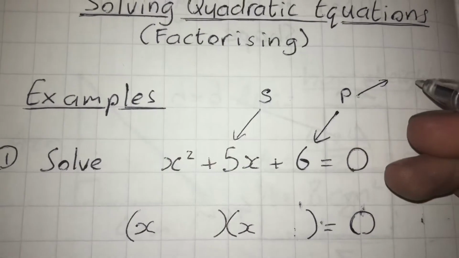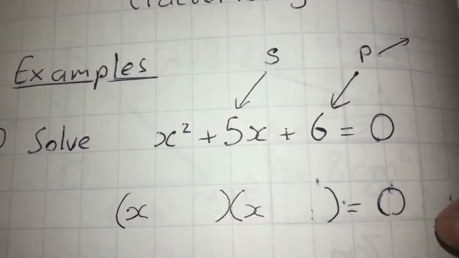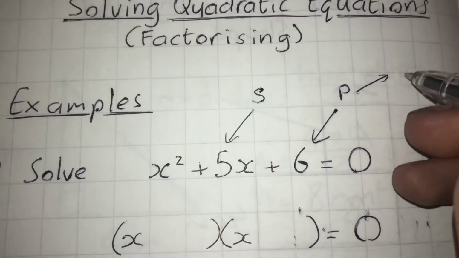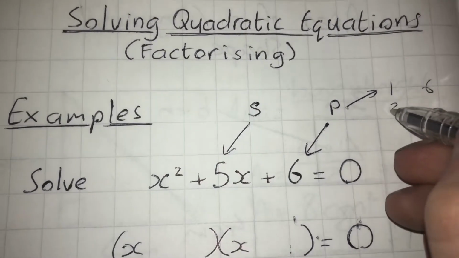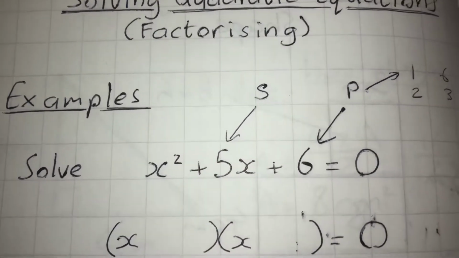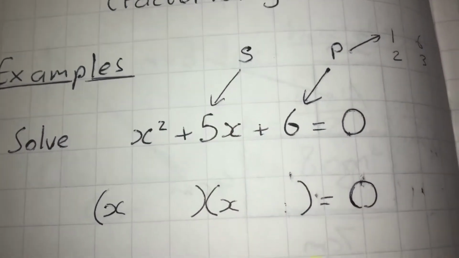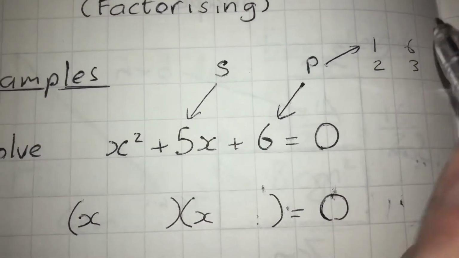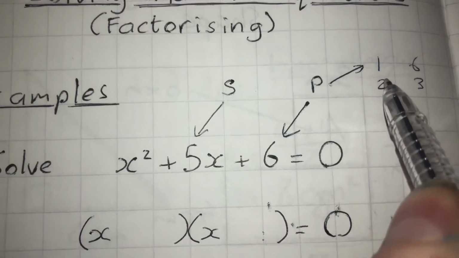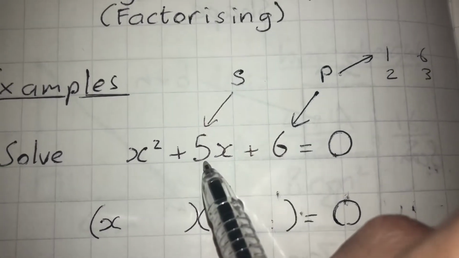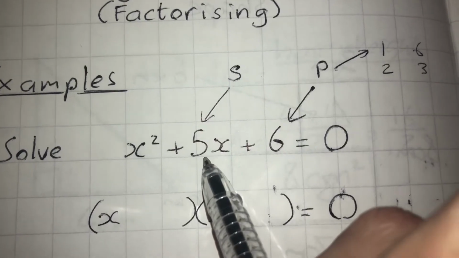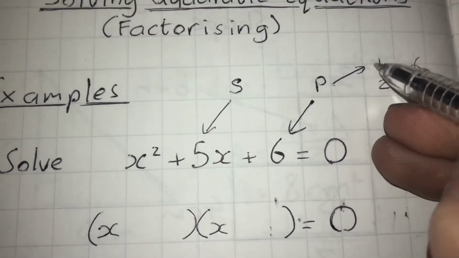If I look at the numbers that multiply together to give me 6, I have 1 and 6 and 2 and 3, and because everything's positive here, we don't have to worry about signs at the minute. If I consider 1 and 6, yes, they multiply together to give me 6, but they do not add together to give me 5. So these two numbers as a pair are out.